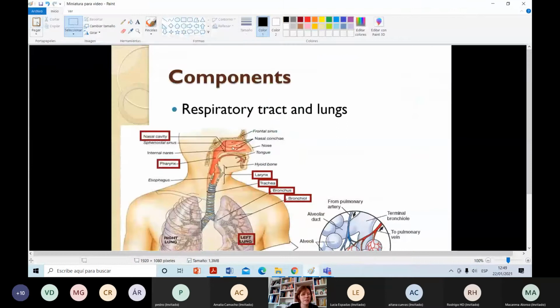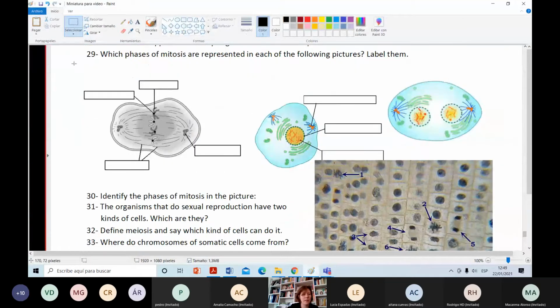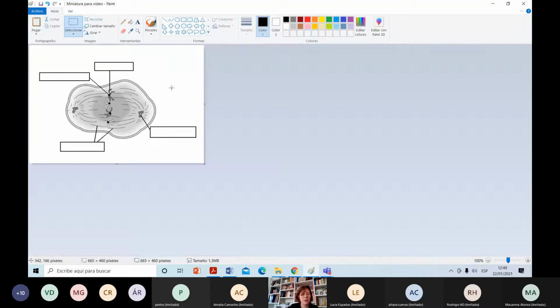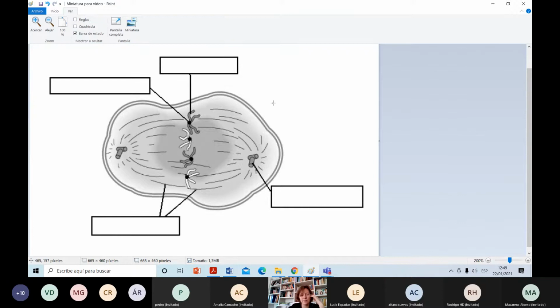And we've got this first picture here, this one. The question is, in which phase of mitosis is this cell? Is it in interphase, prophase, anaphase, metaphase, telophase?